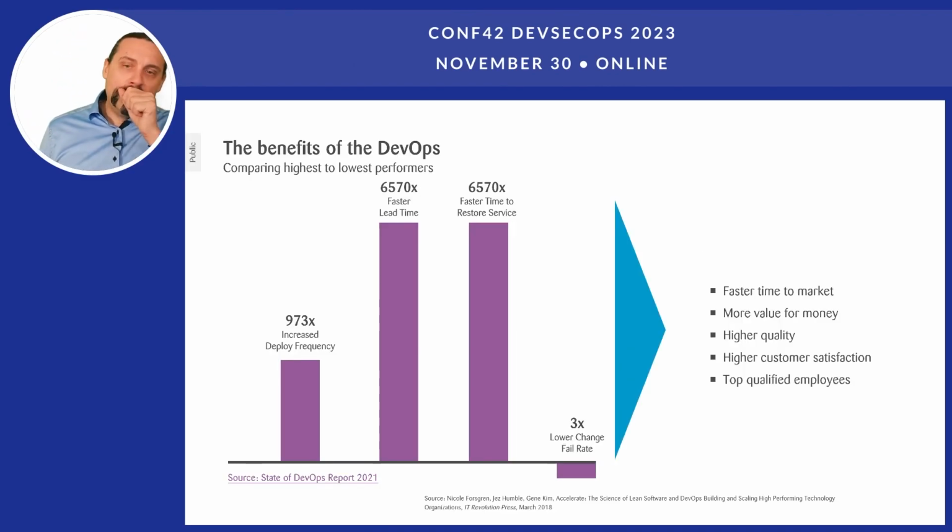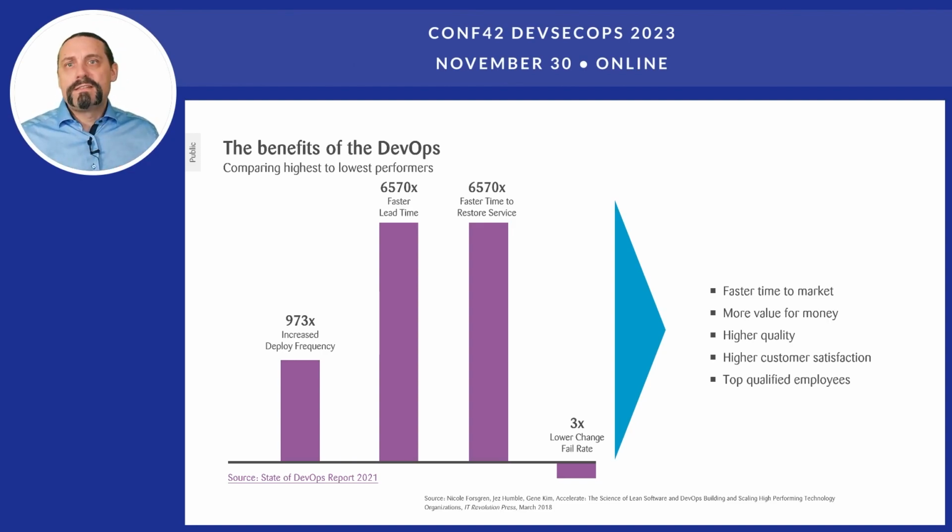So with that, what are the benefits of DevOps? Also here, science has looked at that. There are the State of DevOps reports, which are done on a yearly basis. And here we compare the low performers versus the high performers. You can see the numbers are massive on deployment frequency, lead time, and so on.